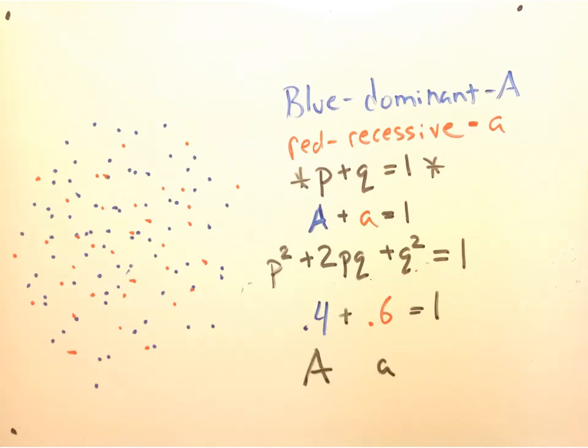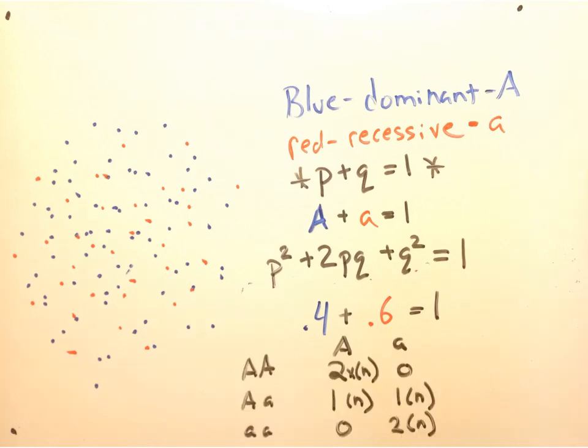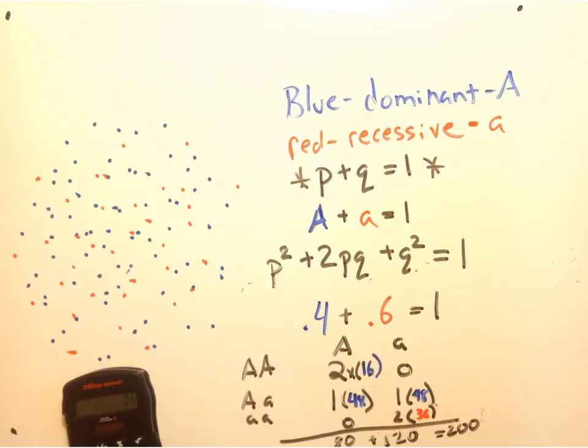The values for P and Q tell us out of this entire population how many of the alleles are dominant alleles and how many alleles are recessive alleles, regardless of whether they are in one individual or two individuals. So let's think about what that means. Individuals that are homozygous dominant will contribute 2 copies of the dominant allele and no copies of the recessive allele. Heterozygotes will contribute 1 dominant and 1 recessive allele, and homozygous recessive individuals will contribute no dominant alleles and 2 recessive alleles to the population.